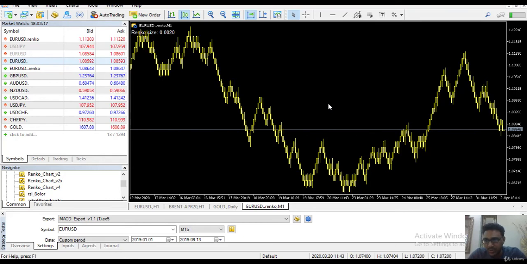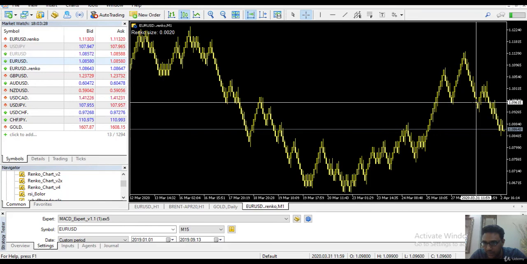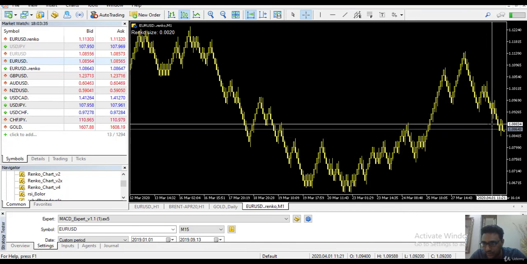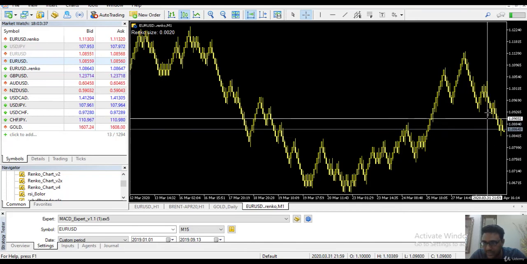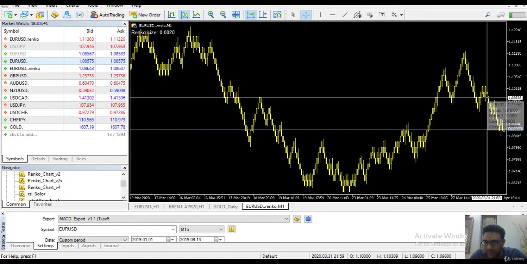Each brick represents 200 points, and now we can also see the 30th March area, the 31st March. This was the 31st March around 11, not this area, this area.